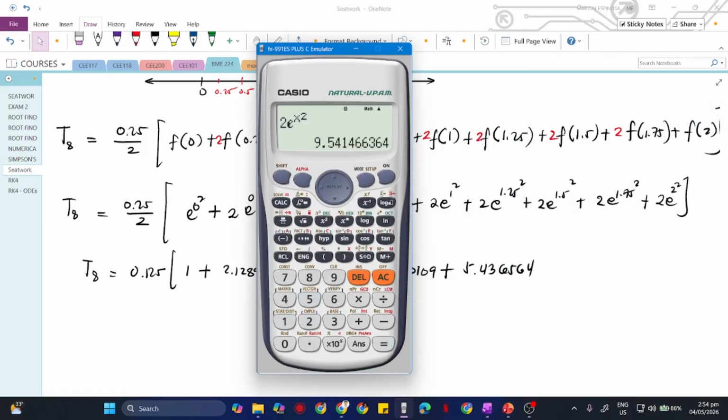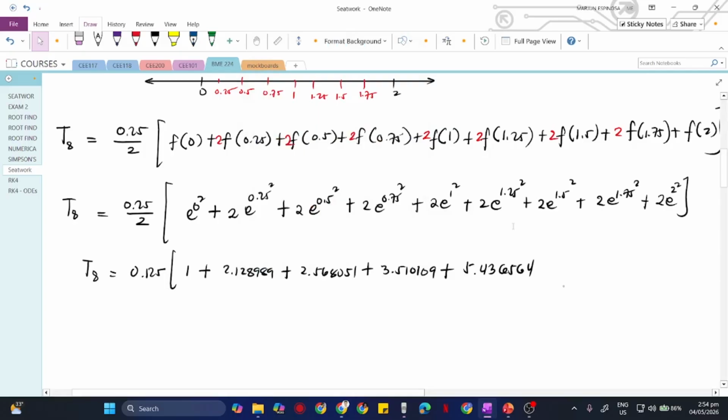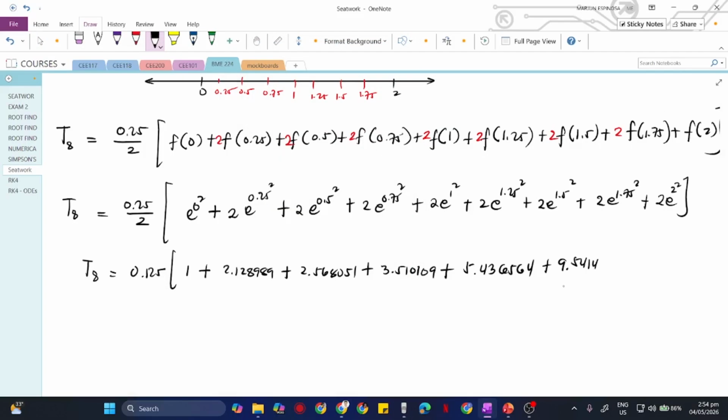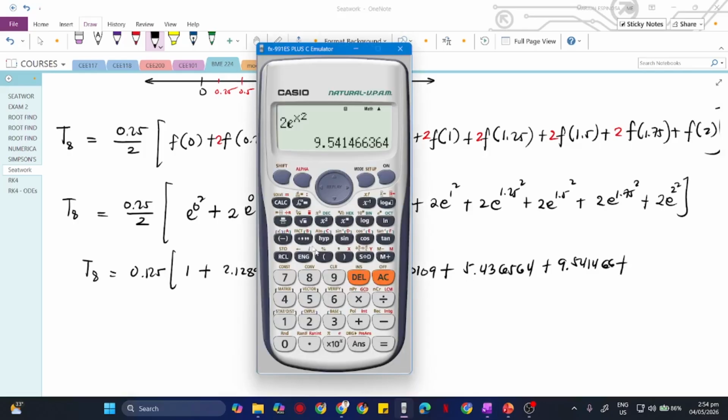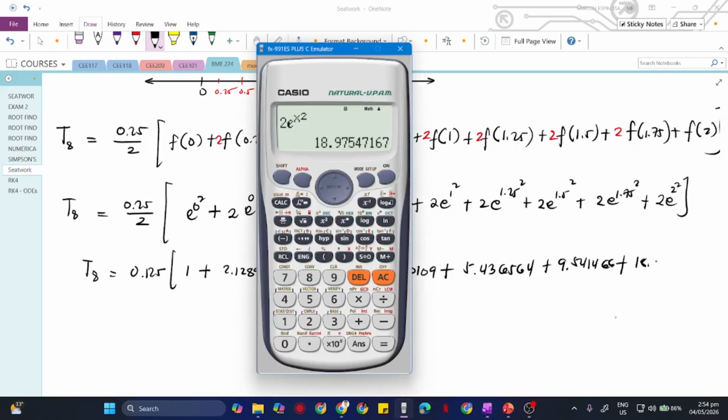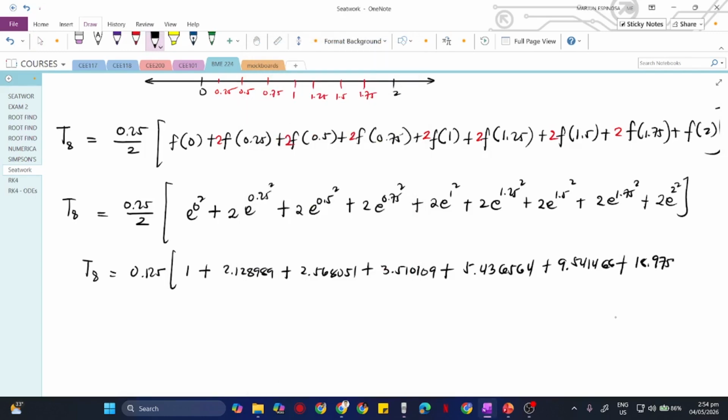So that is 9.541466, plus, calculate, 1.5 this time, which is 18.975472.